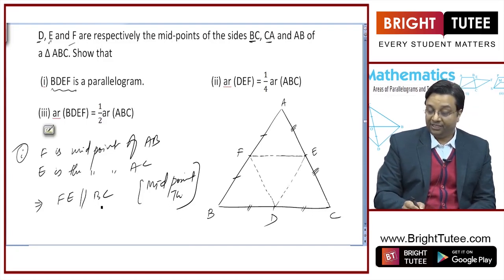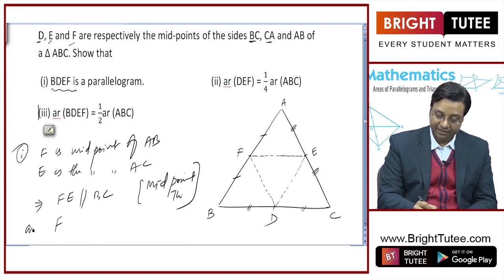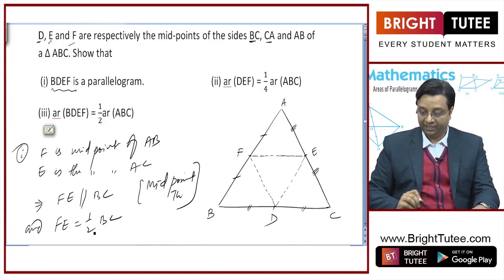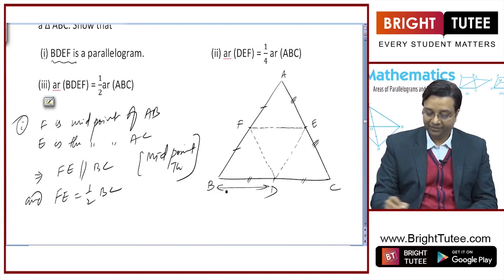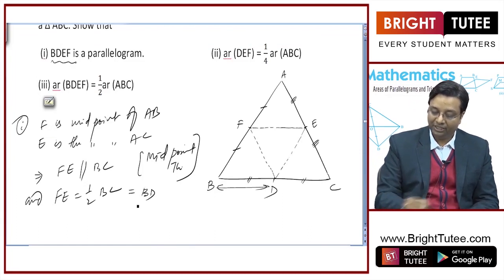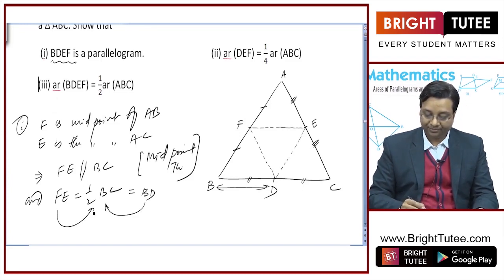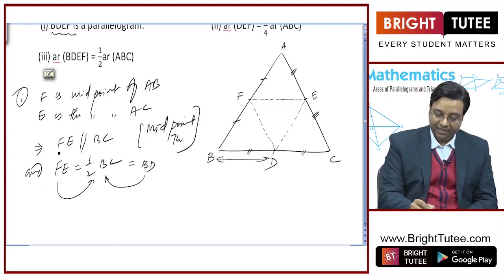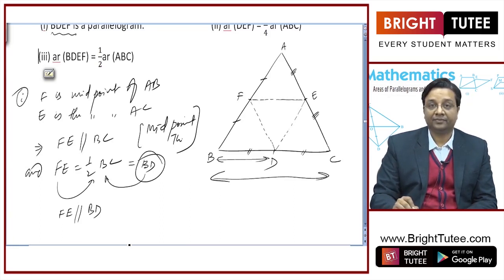Okay, FE is parallel to BC and FE is half of BC, right? There is another segment which is half of BC, which is BD. Hence FE is also equal to BD, because BD is also half of BC. FE I have proved to be half of BC. Now, you see, FE will also be parallel to BD, because BD is just a segment of BC, right?